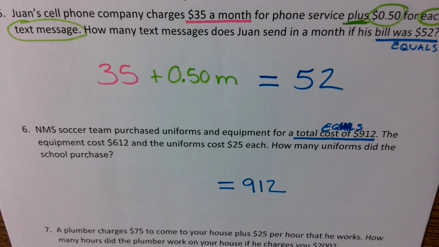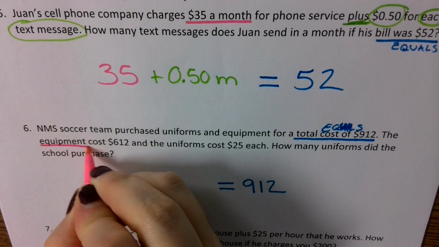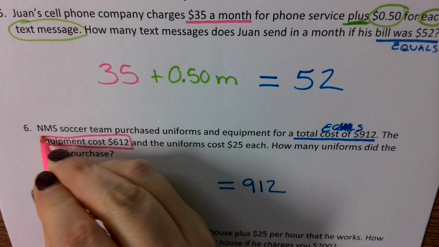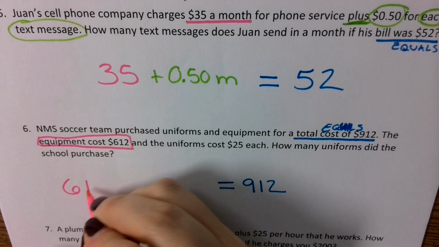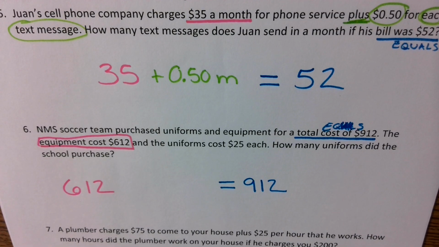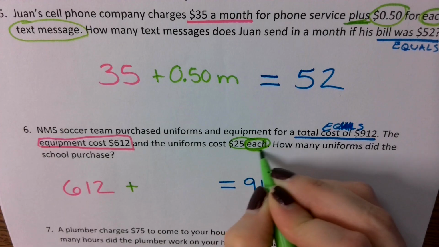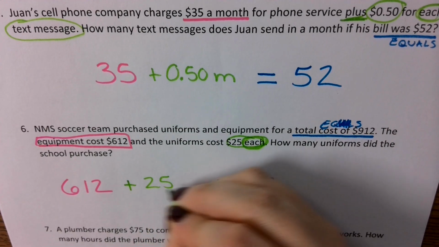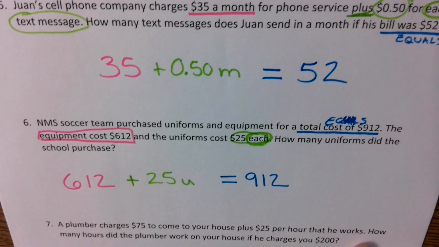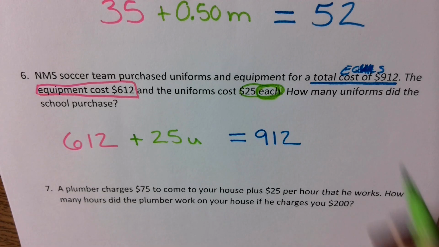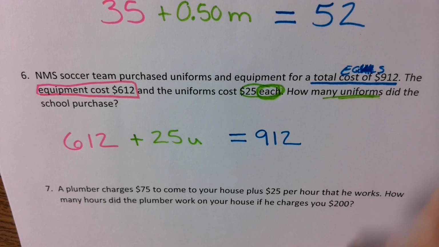But the uniforms, you have to pay for every single person on the team, right? So the equipment is a one-time purchase. That's our constant. Plus, we're going to pay for the uniforms, but we don't know how many. But remember, we have that keyword each. So we're going to have 25 U. That's for how many uniforms?